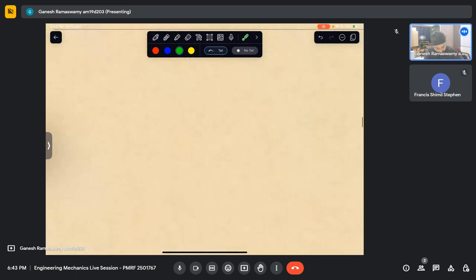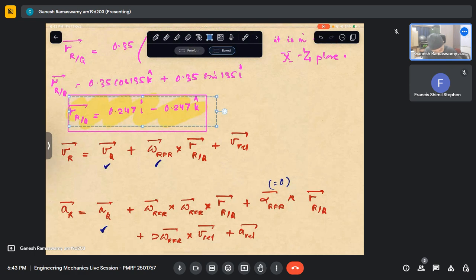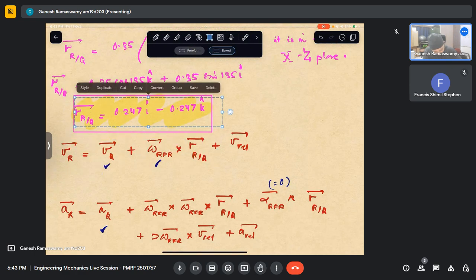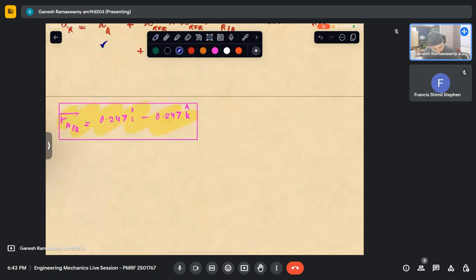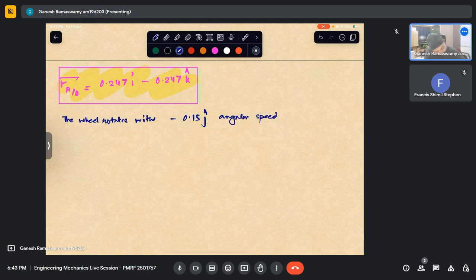VREL. So now that we know this r, we know the wheel rotates with minus beta j angular velocity about q.